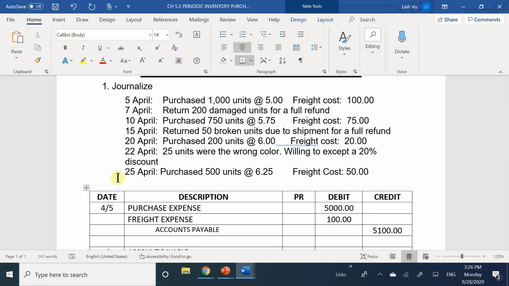April 22nd, okay. 25 units for the wrong color, willing to accept discount. Okay, so that is 25 of the $6.